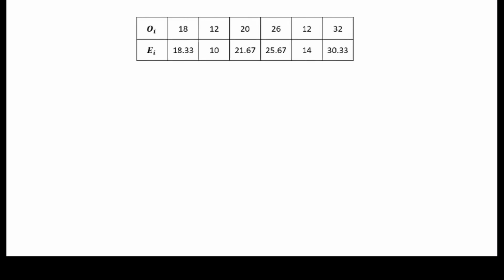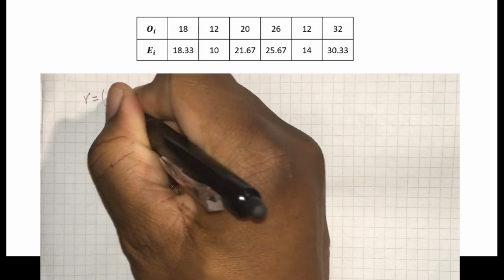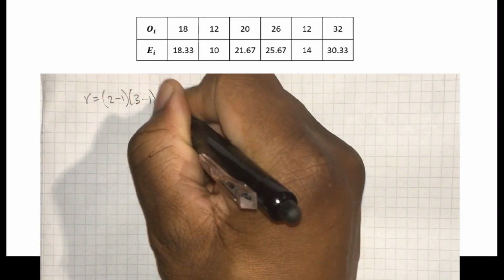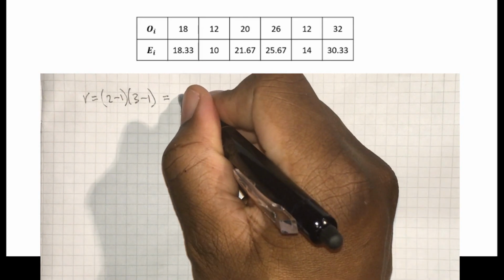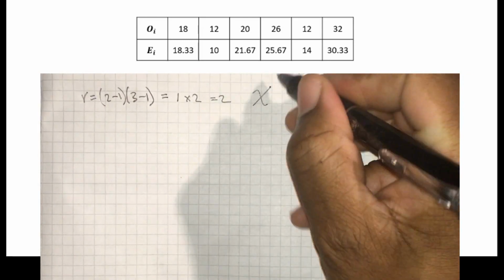Okay, so we have our degrees of freedom, our significance level, our observed and our expected values. We're good to go on the actual hypothesis test. So I'm just going to summarize all of the important information.